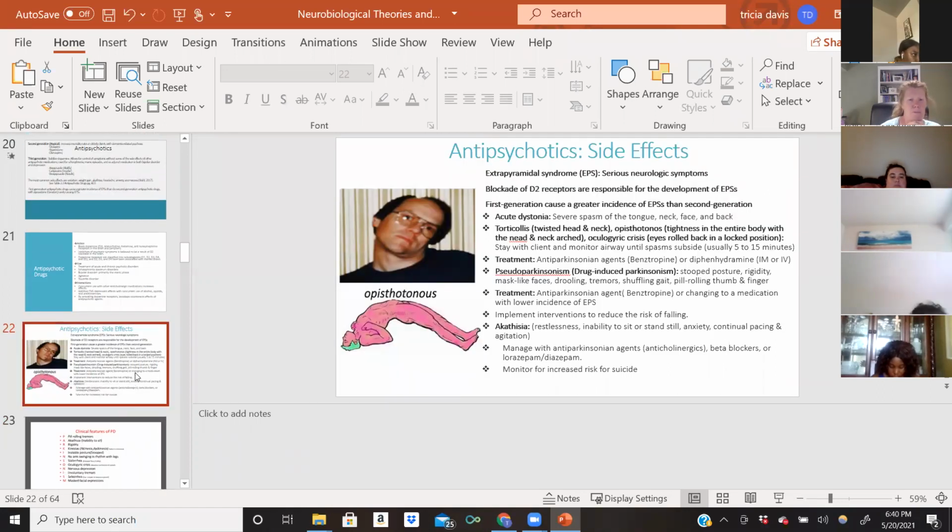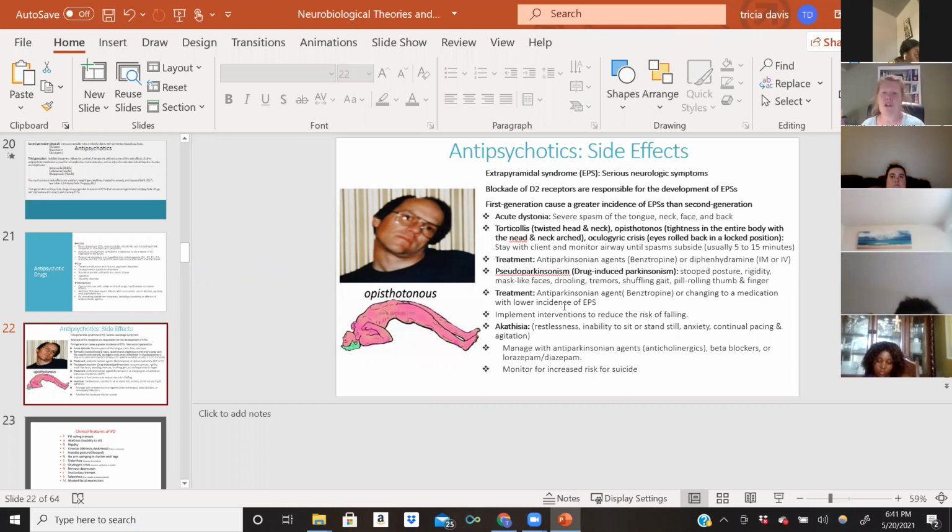All right, so we said on the last slide that these first generation medications cause a lot of these extrapyramidal syndrome side effects. They cause serious neurological issues. Blockade of those D2 receptors is responsible for the development of these EPSs. First generation has a greater incidence than the second generation.